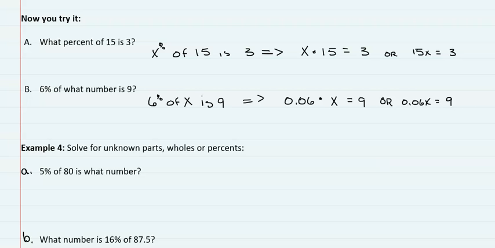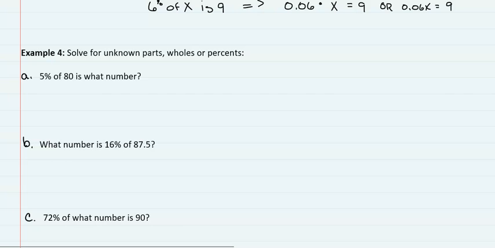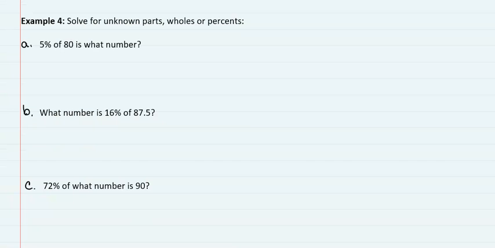All right, so moving on, we're going to look at solving more equations. So I'm just going to do a bunch of problems and then give you a few to try. So we've got 5% of 80. 5% of 80 is what number is going to be x.